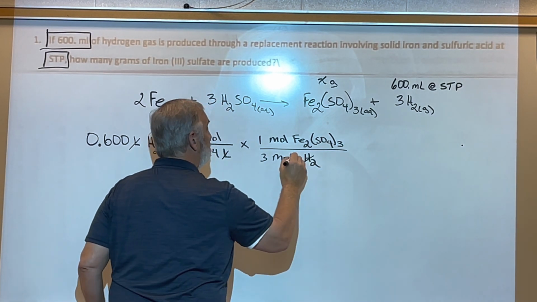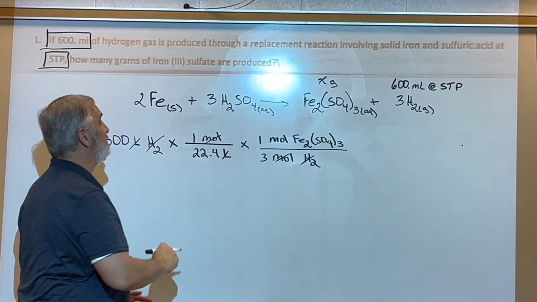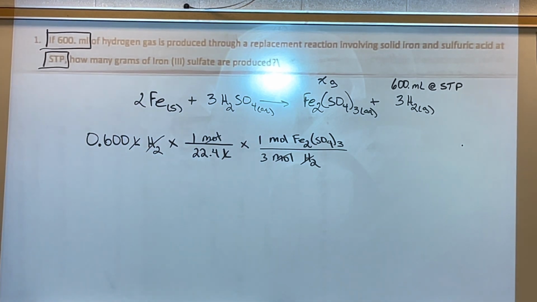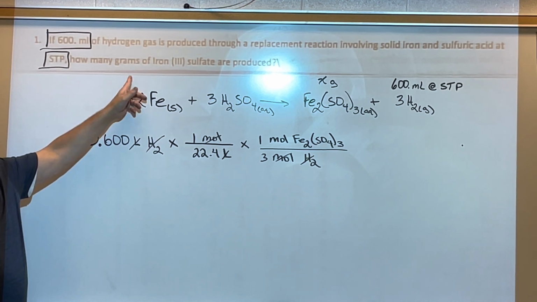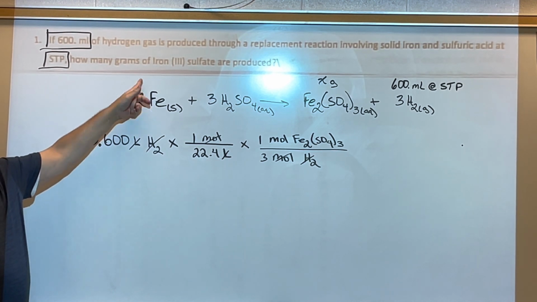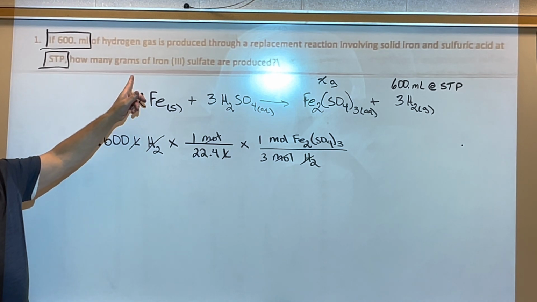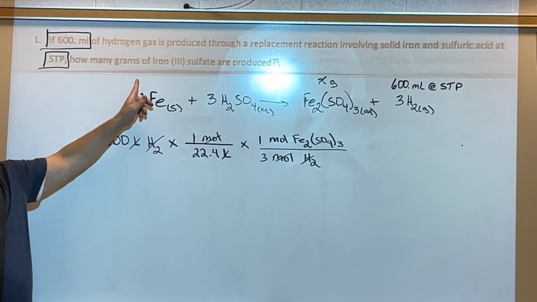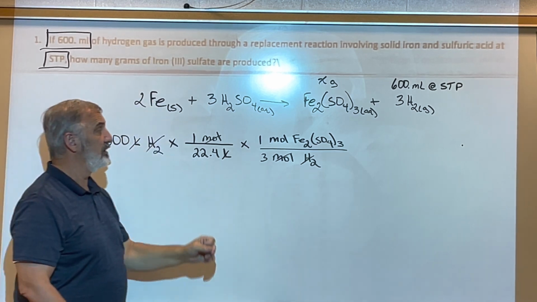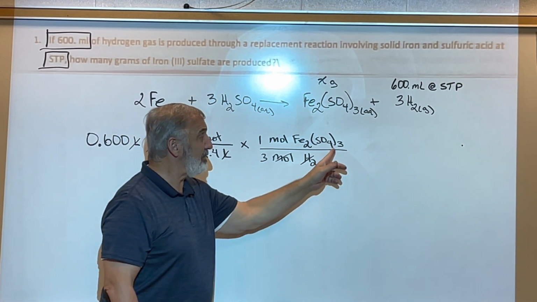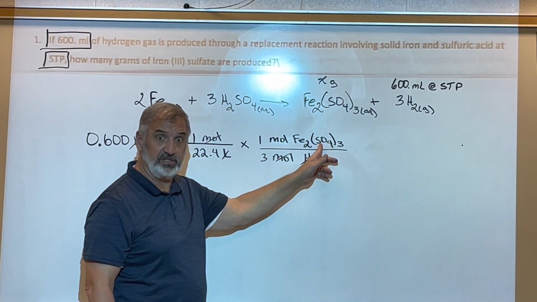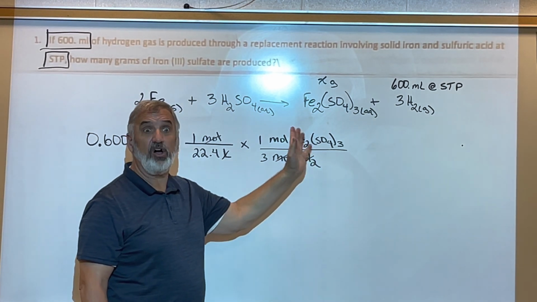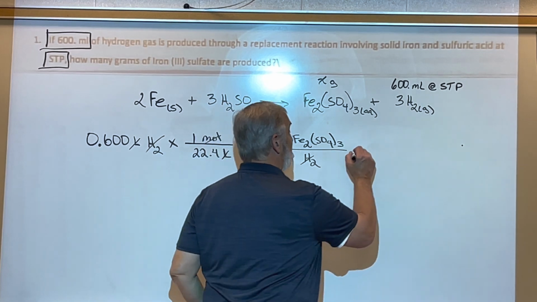Now moles of H2 have canceled, so I'm left with moles of Fe2(SO4)3, but I want grams. How do I get to grams? Molar mass. If you recall, we found that to be 400 grams per mole. How many oxygens do I have here? 12, 3 sulfurs, 2 irons. You have to add all that up. That's 400.